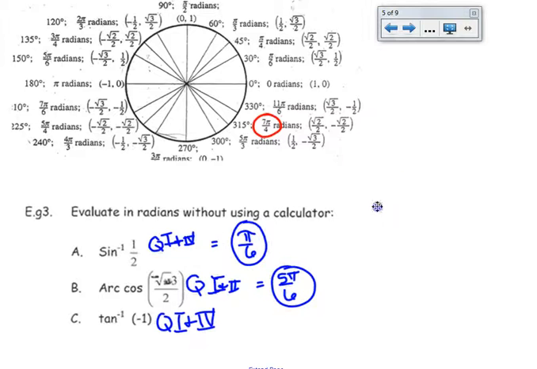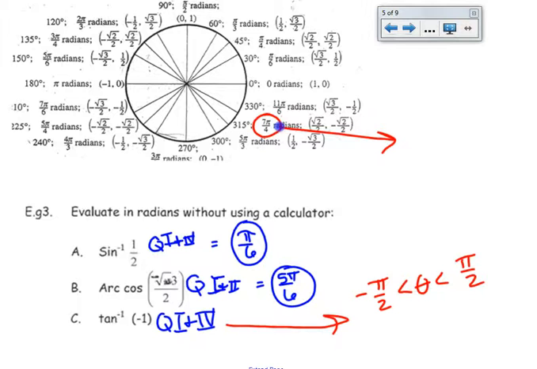Now, here's an issue, guys. You can't tell me the answer is 7 pi over 4, because tangent is only defined between negative pi over 2, I'm going to call it theta, and pi over 2. So can you give me a different name for 7 pi over 4 so that it fits this restriction? Very nice, negative pi over 4.